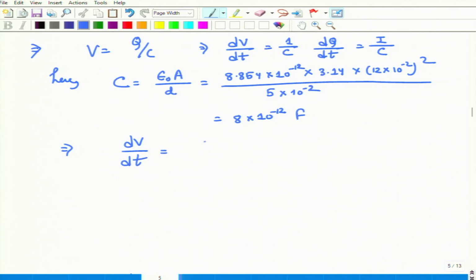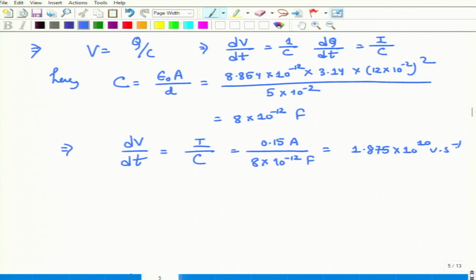It's also simple, it should be I by C, and I is given as 0.15 ampere and C is 8 into 10 to the power minus 12. If we calculate it, it will be 1.875 into 10 to the power 10 volt per second. This is the first question.